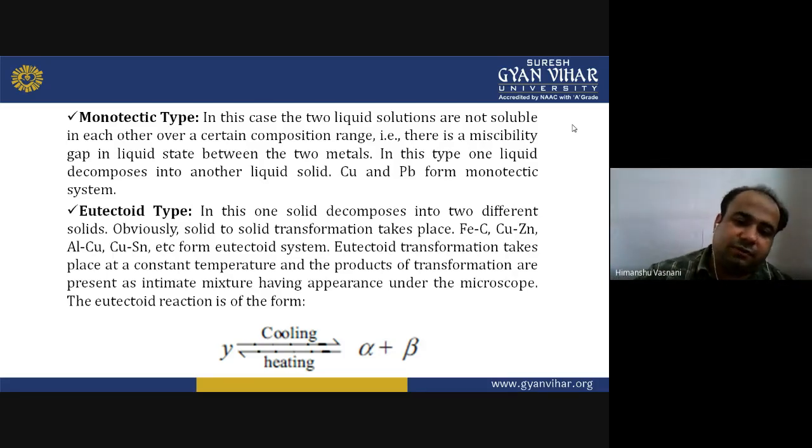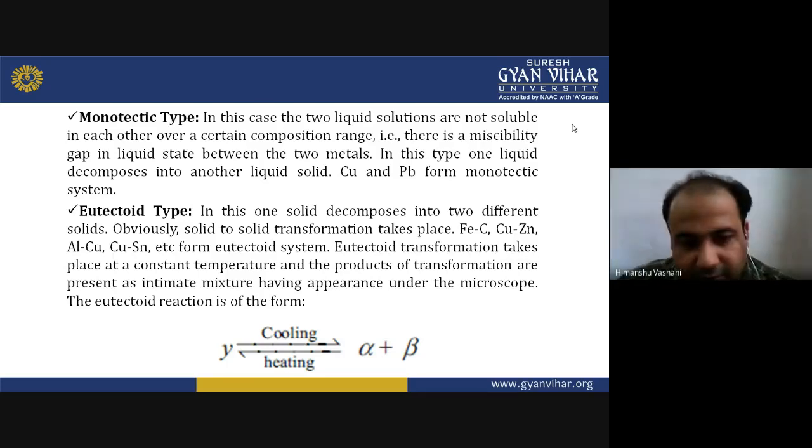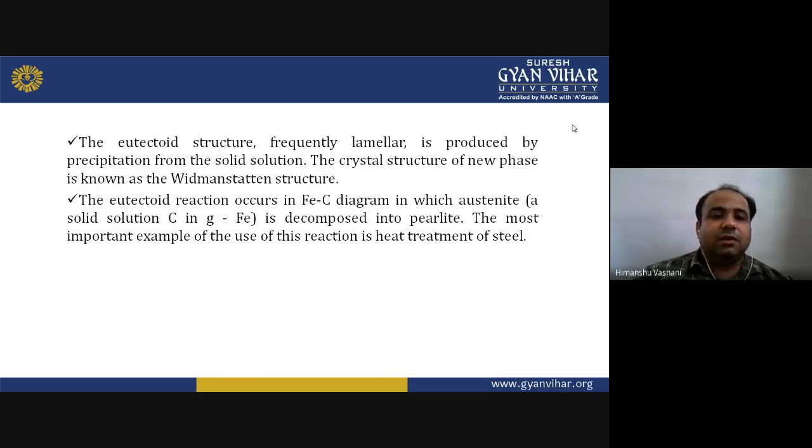The eutectoid reaction is of the form gamma, on heating and cooling, we get alpha plus beta. So the eutectoid structure, frequently lamellar, is produced by precipitation from the solid solution.